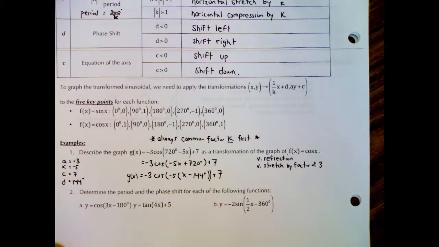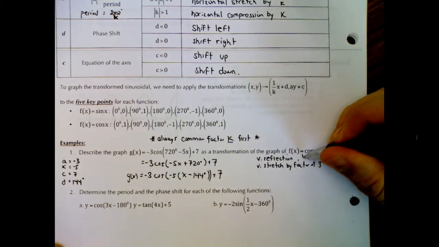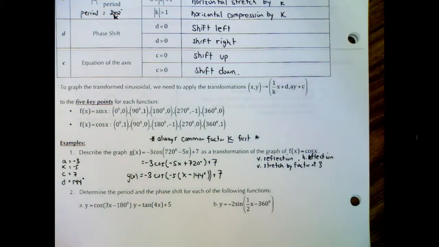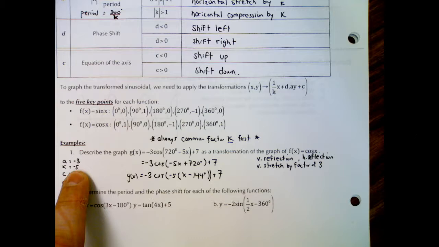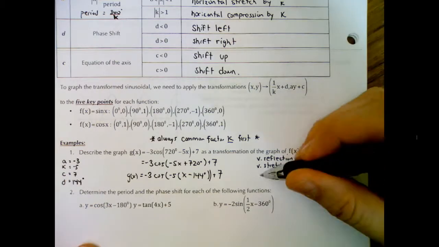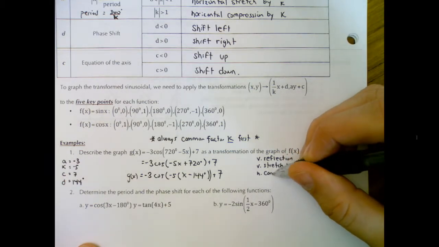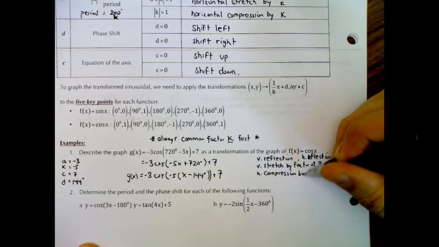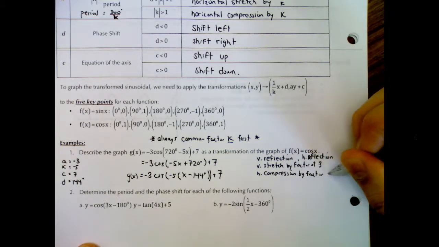K is negative 5, so we also have a horizontal reflection. And since K is 5, that means we have a horizontal compression by a factor of 5.